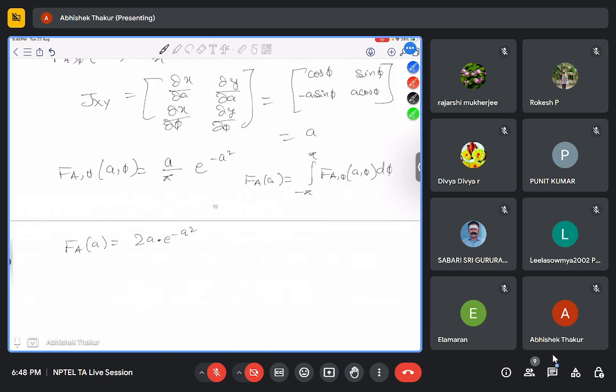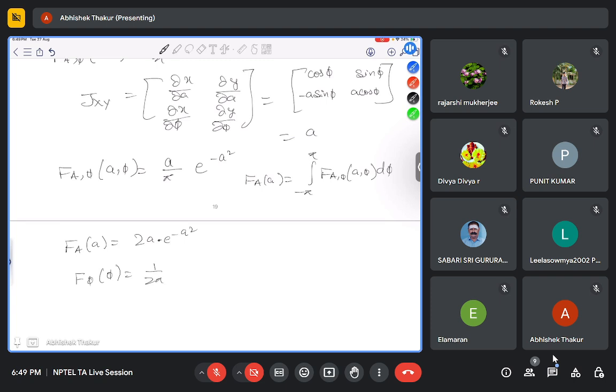And in the same way, when you find f of phi, it will be a simple value, like 1 by 2 pi.